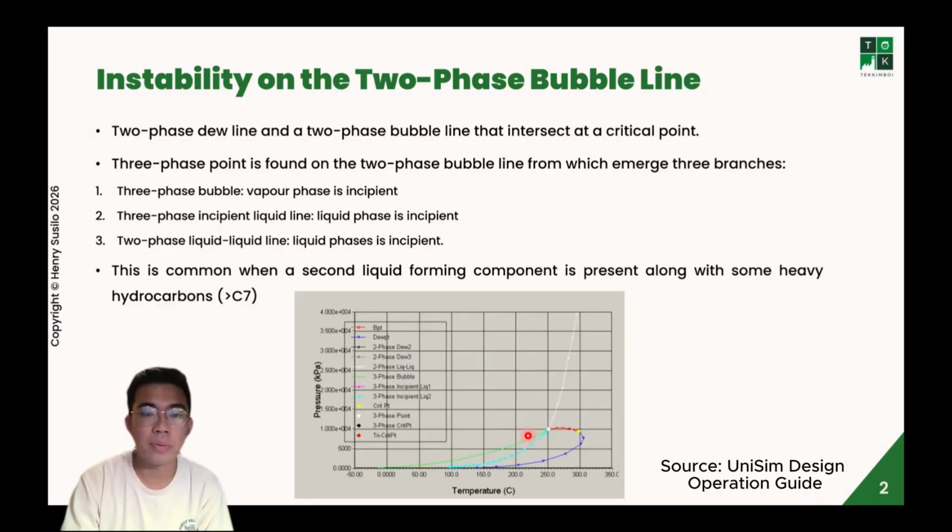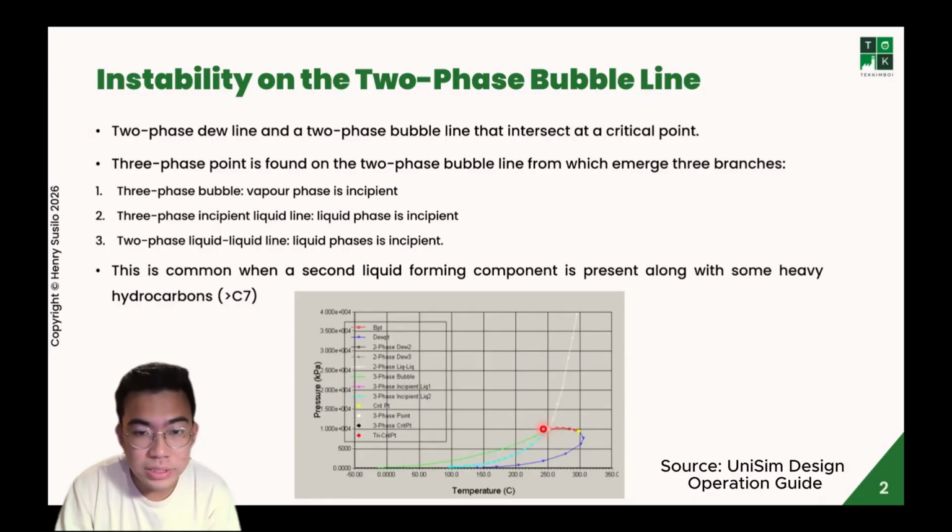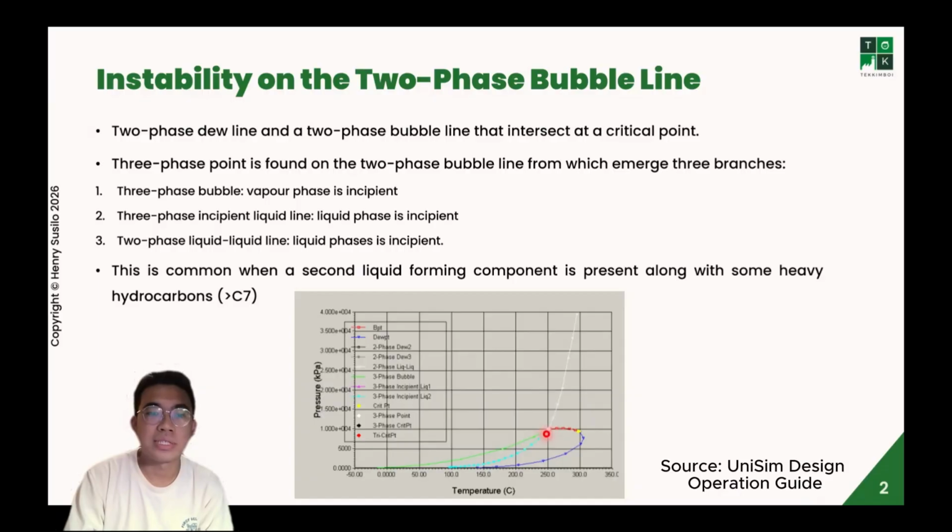At this point, the vapor is incipient. The second is the three-phase incipient liquid line, which is this light blue, where the liquid phase is incipient. And the third one is the two-phase liquid-liquid line, which is shown by this white line. This scenario is common when a liquid-forming component such as water is present, along with some heavy hydrocarbons, like C7+.